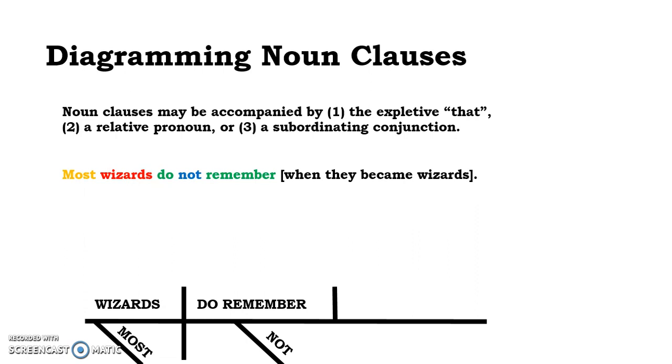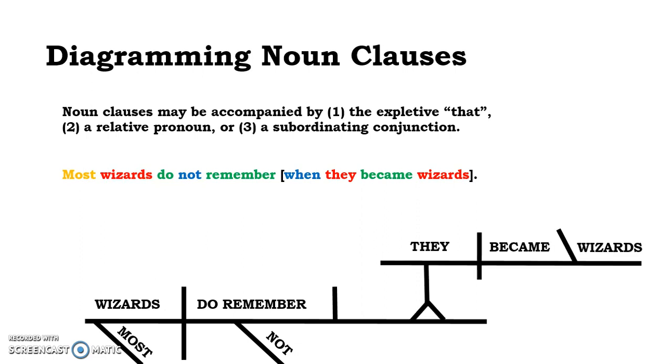Then I diagram this noun clause just again like I would diagram any other independent clause, only the question will be what I do with that subordinating conjunction. So I make a pedestal according to these color-coded items here. Became goes in the verb spot, they goes in the subject spot, wizards, subject complement, goes on the other side of the slanty line. What do I do with when? Well, think about it this way.